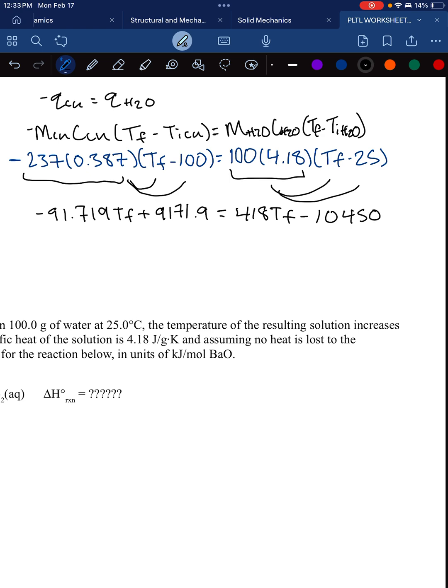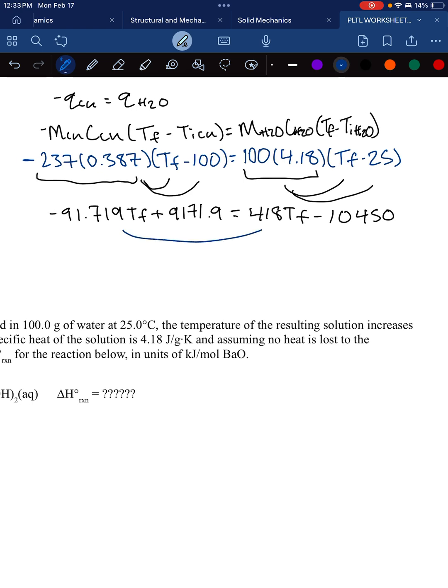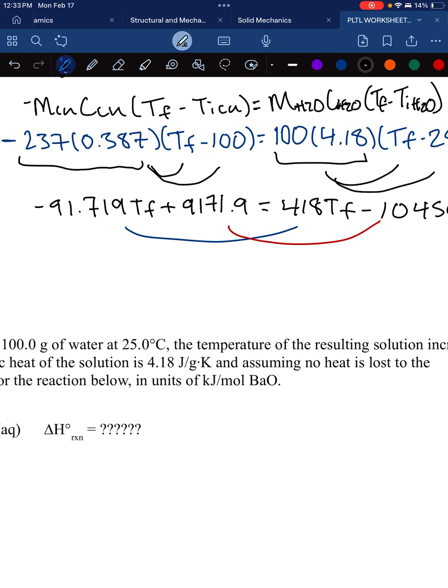Okay. Now we need to add like terms. Negative 91.719 plus 418. That'll give us 326.281 TF. And now, oh wait, I actually made a very simple algebra mistake. I just added those numbers together, but we actually, well, yeah, that's fine.